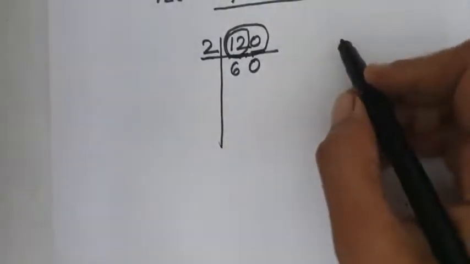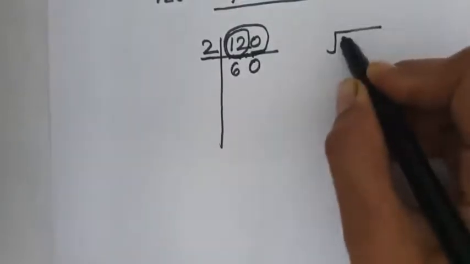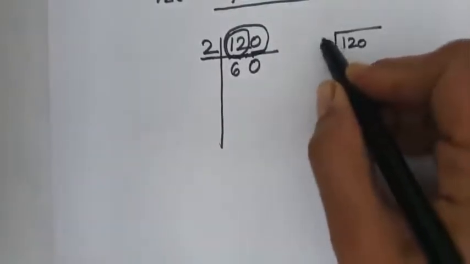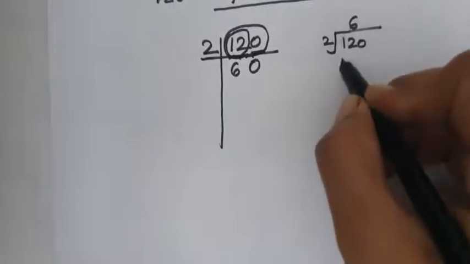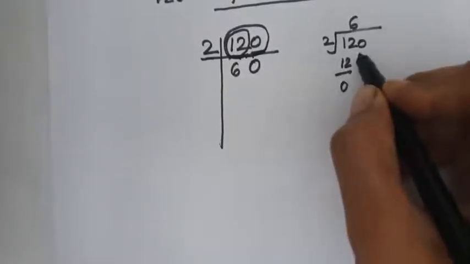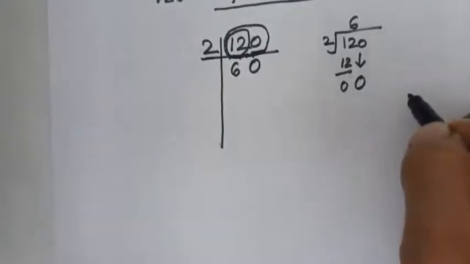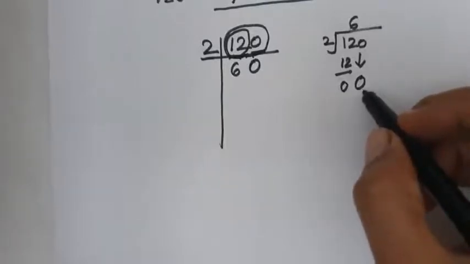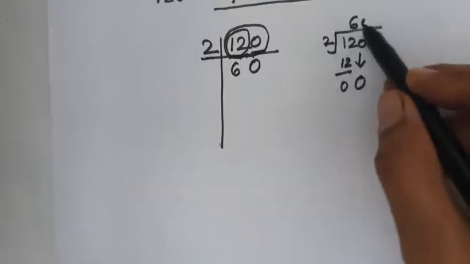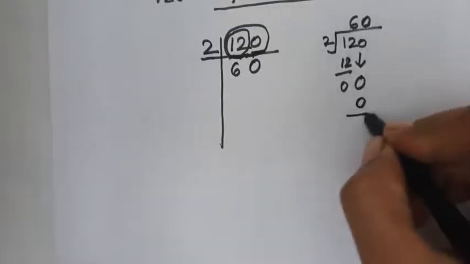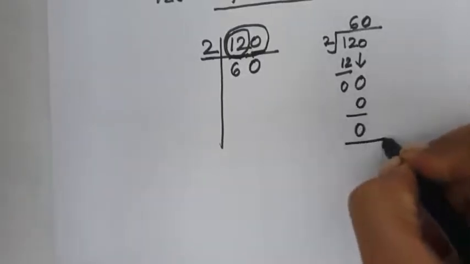You can check it by division also. 120 here, 2 here, 2 6 is 12. Now 0 will come down. Don't stop here. This is not the remainder. Now 2 0 is 0. Now this is the remainder.